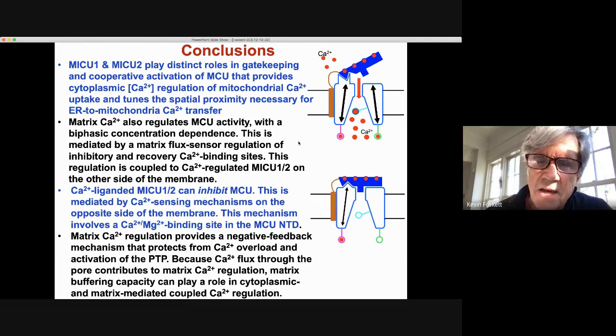So I think, yes, we haven't shown it to this extent in other mitochondria.